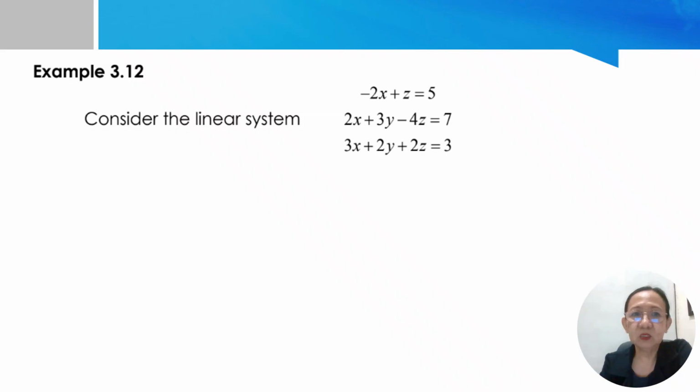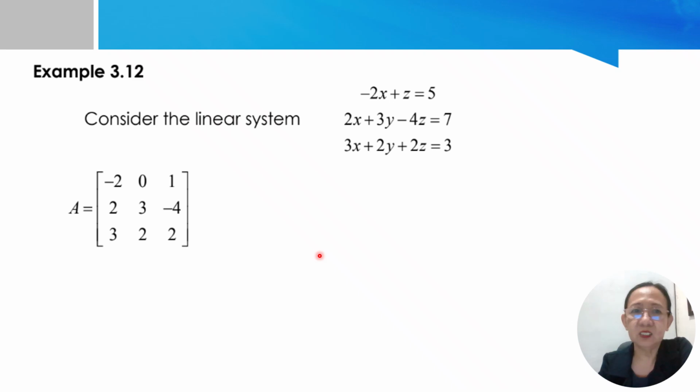So let us take a look at our example 3.12. Consider the linear system. Now, the first equation is negative 2x plus z is equal to 5. Then 2x plus 3y minus 4z is equal to 7 as the second equation. And 3x plus 2y plus 2z is equal to 3. So let us collect now the coefficients.